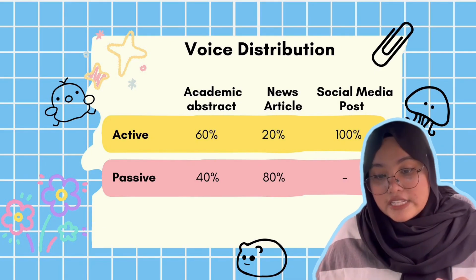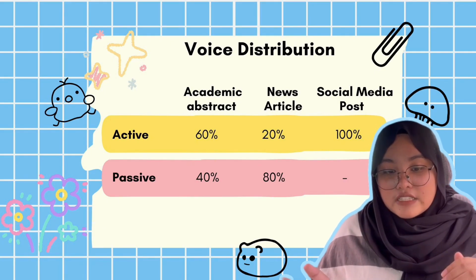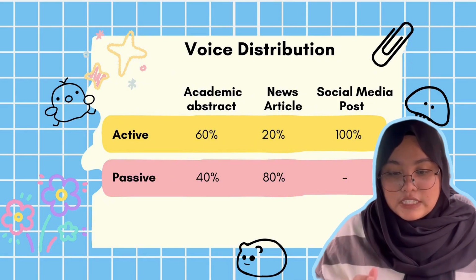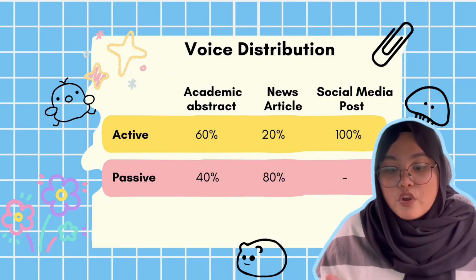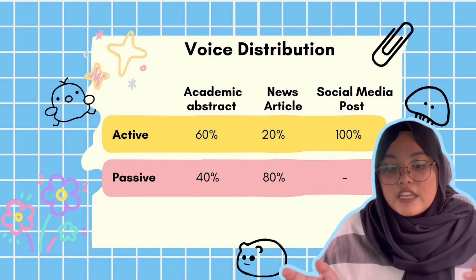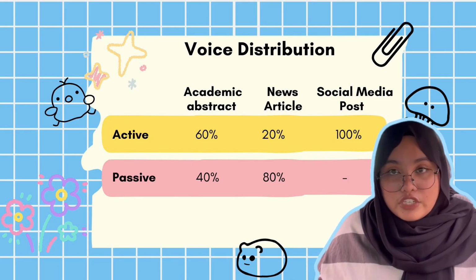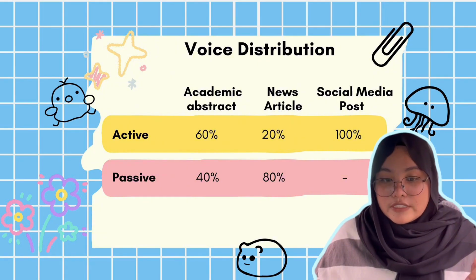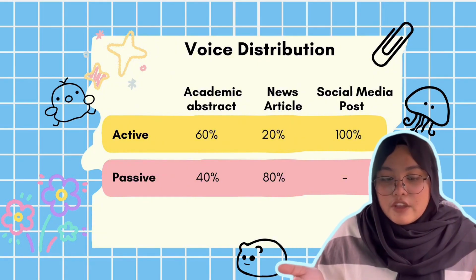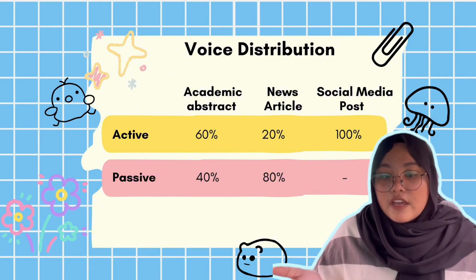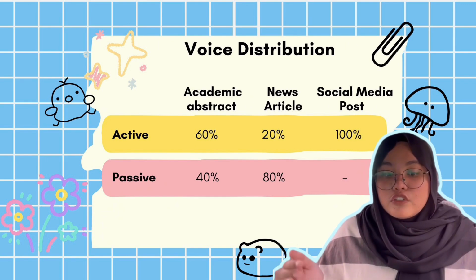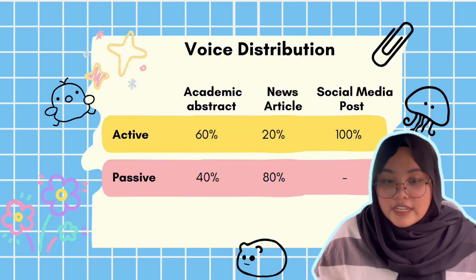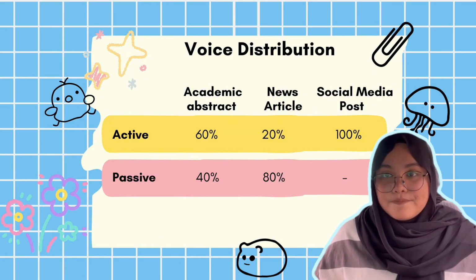In contrast, professional texts rely more on passive construction to maintain formality for the academic or to foreground affected individuals for news. We can see academic abstract voices are more active, news articles are more passive, and for social media, we can see 100% active voice distribution.